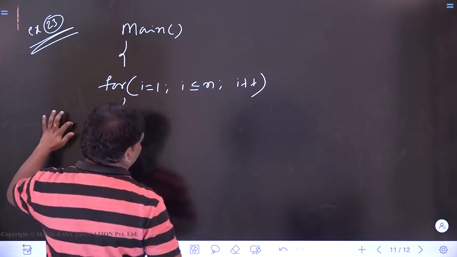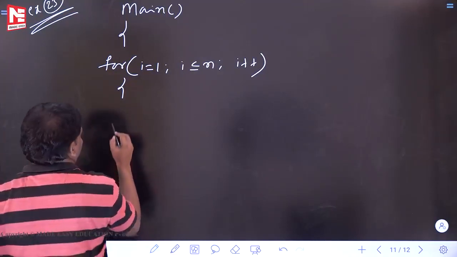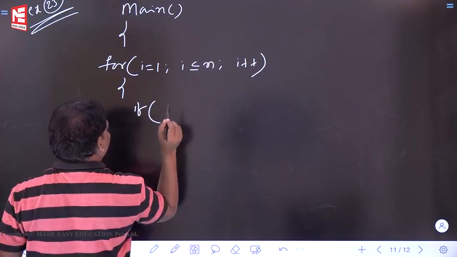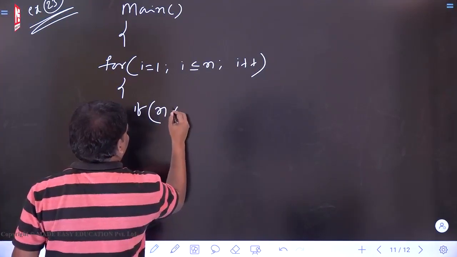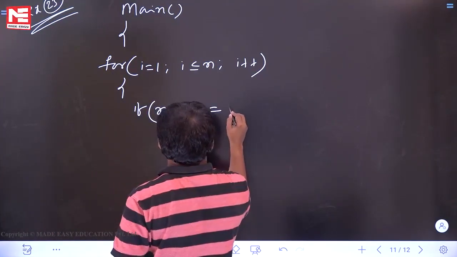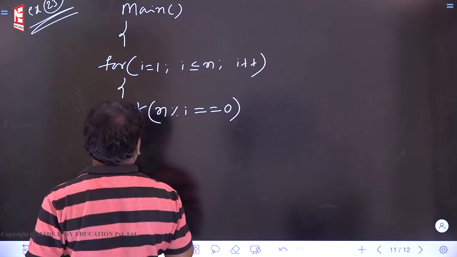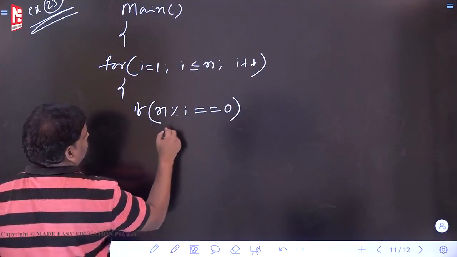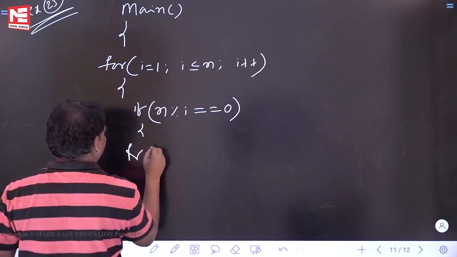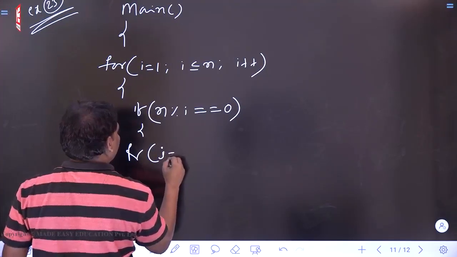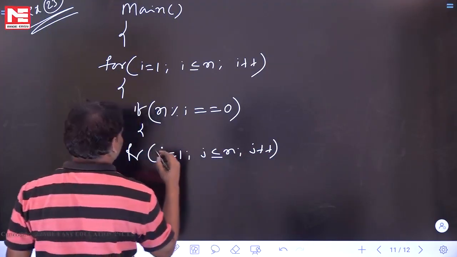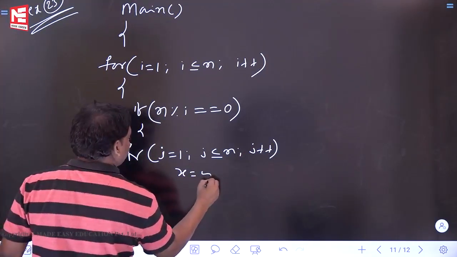Next one. If n modulo i is equal to 0, for j is equal to 1, j less than or equal to n, j plus plus, x is equal to y plus z.